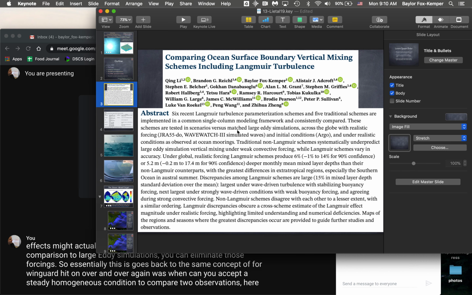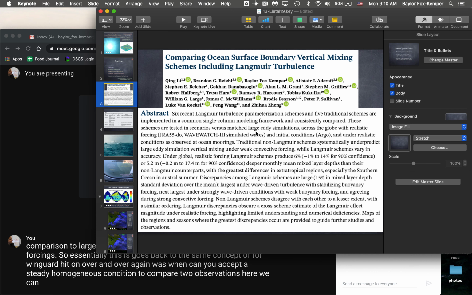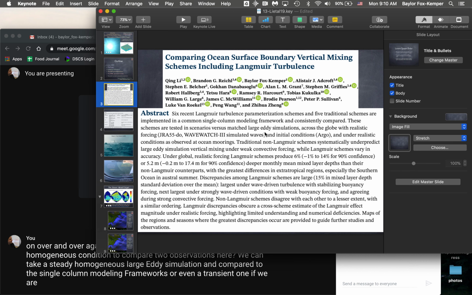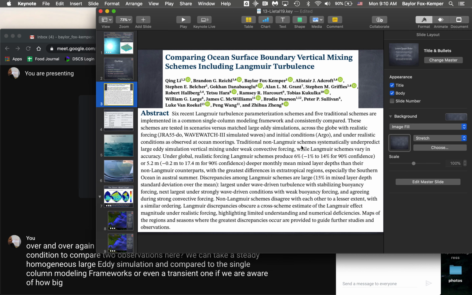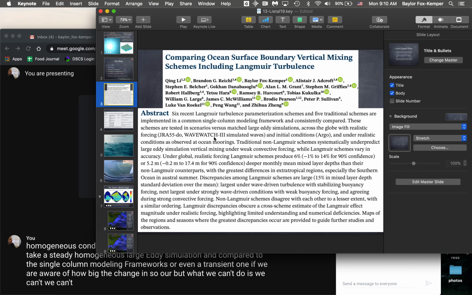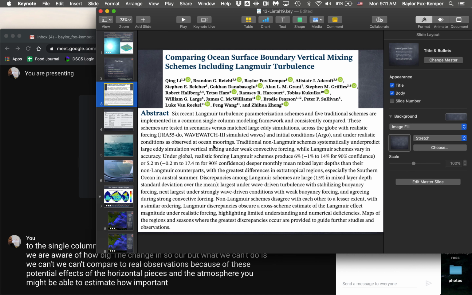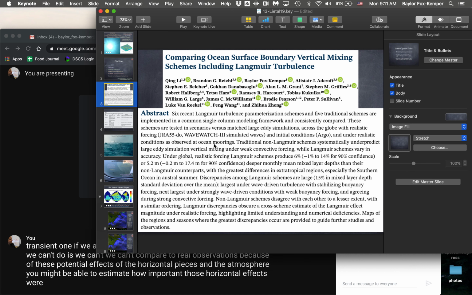Here, we can take a steady, homogeneous large eddy simulation and compare it to the single column modeling frameworks, or even a transient one if we are aware of how big the transients are. But what we can't do is compare to real observations because of these potential effects of the horizontal pieces. In the atmosphere, you might be able to estimate how important those horizontal effects were by bringing in other observations.